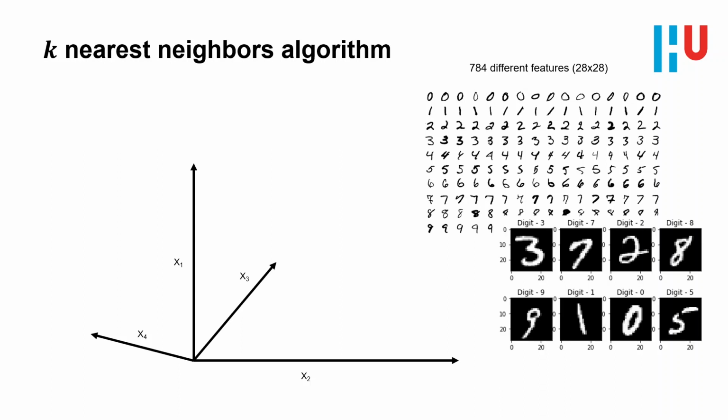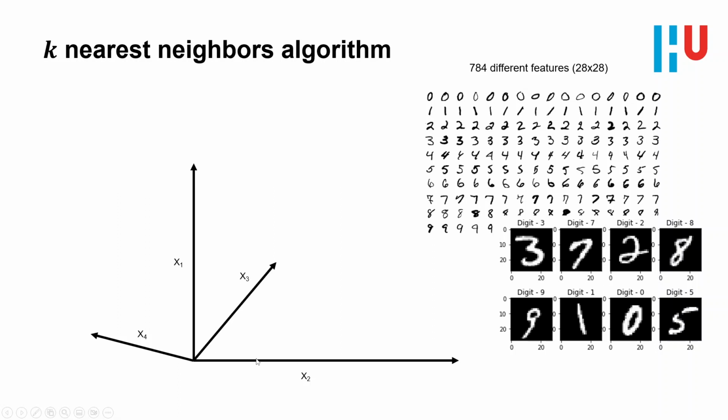They took basically the gray value of each point, and it's a 28 by 28 matrix or field, and basically they took each gray value of each point here as a feature. And that means that you get 784 different features for each digit.